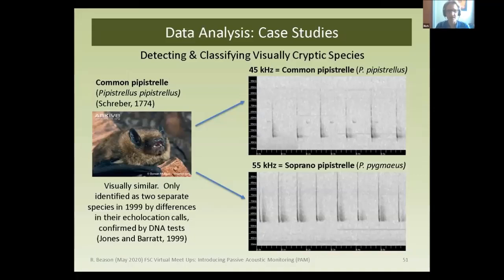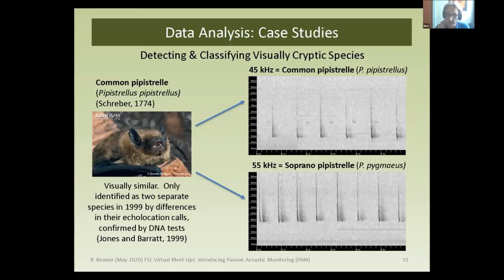So this one I quite like. The common pipistrelle was first described in 1774, and for the next 200 odd years, we assumed that it was just one species, until people started developing ultrasonic recording devices. Then in 1999, Gareth Jones and various others noticed that these pipistrelles seemed to be giving different calls, and they suggested that the ones at 45 kilohertz were actually a different species to the ones calling at 55 kilohertz, rather than the same pipistrelle calling at two different frequencies.